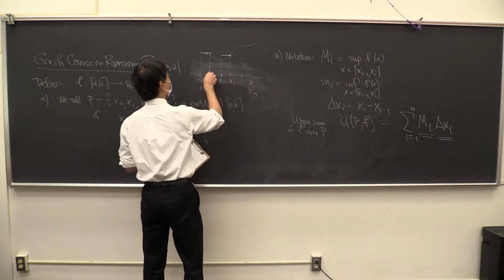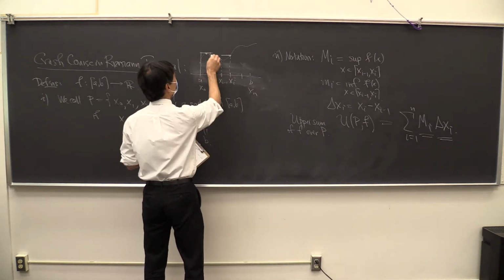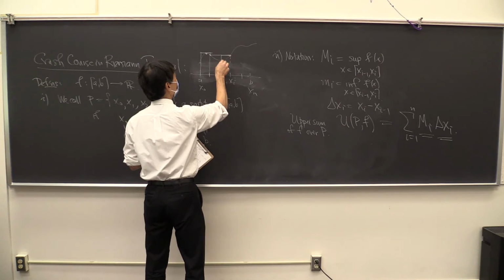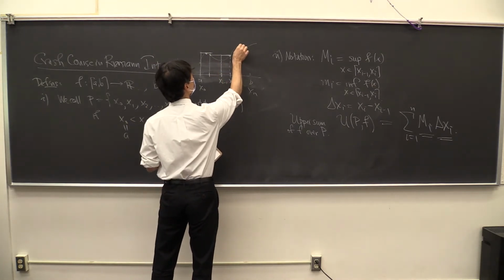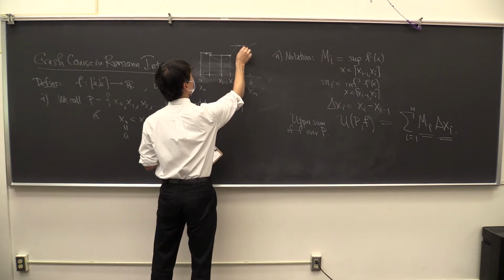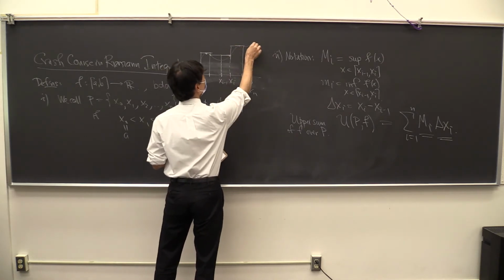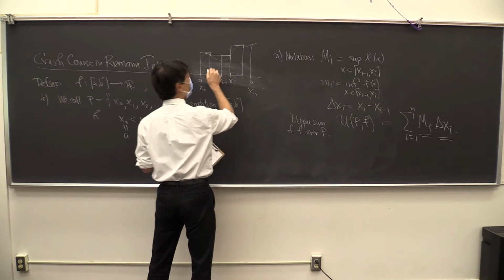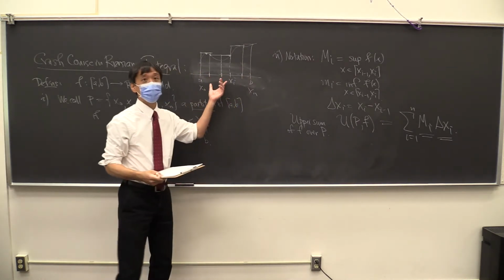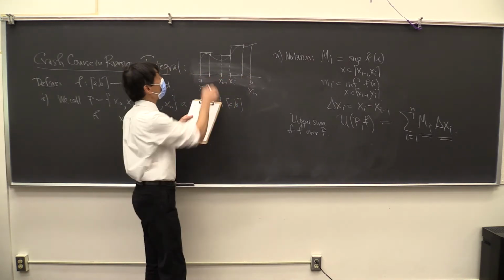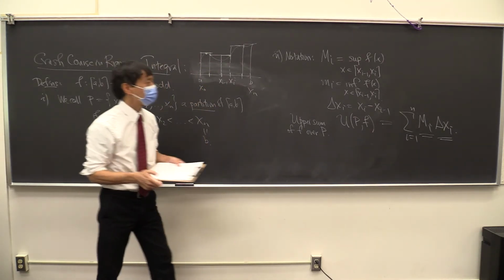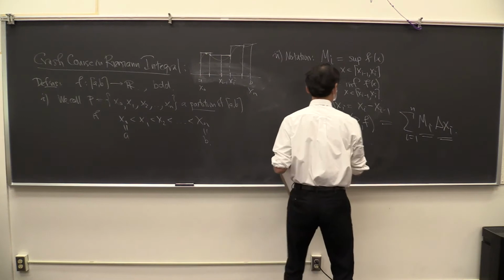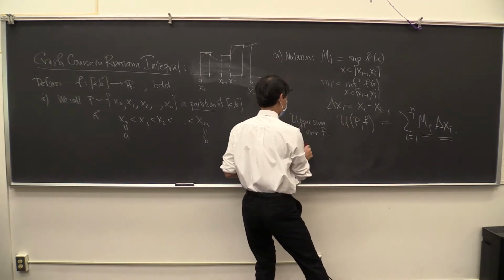On this one, you take the maximum value, multiply by the width of the base. Here, maximum value, width of the base. Whoops, that's not the maximum value. So the upper sum over this partition would be the sum of these rectangular areas. And then of course the lower sum is defined similarly.